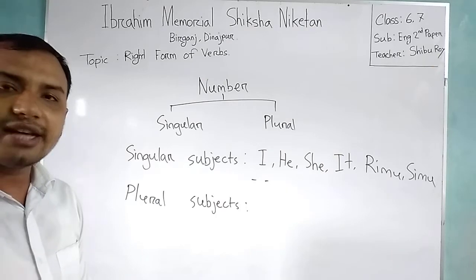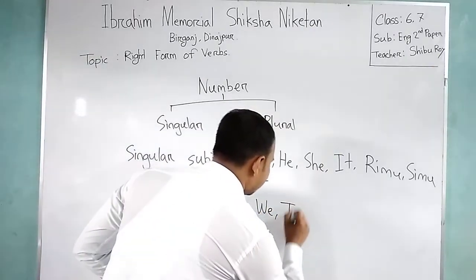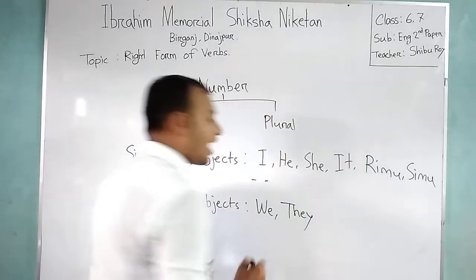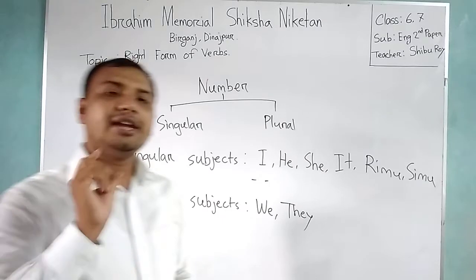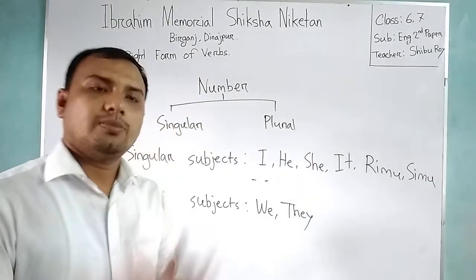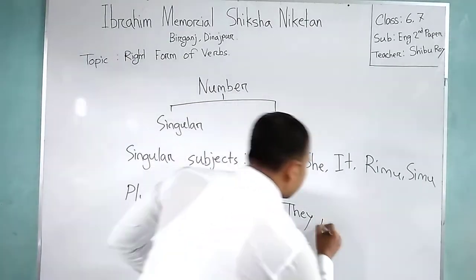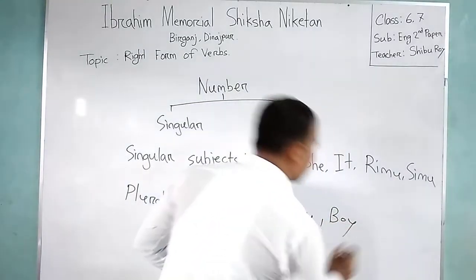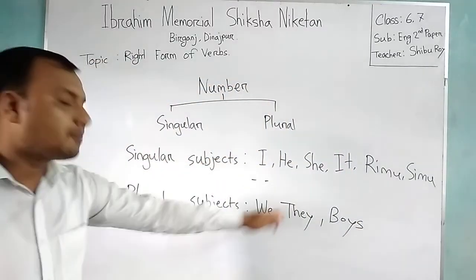What are plural subjects? Plural subjects are we, they, and any kind of subject with s or es. That means boy, and if we add s here, that means boys.